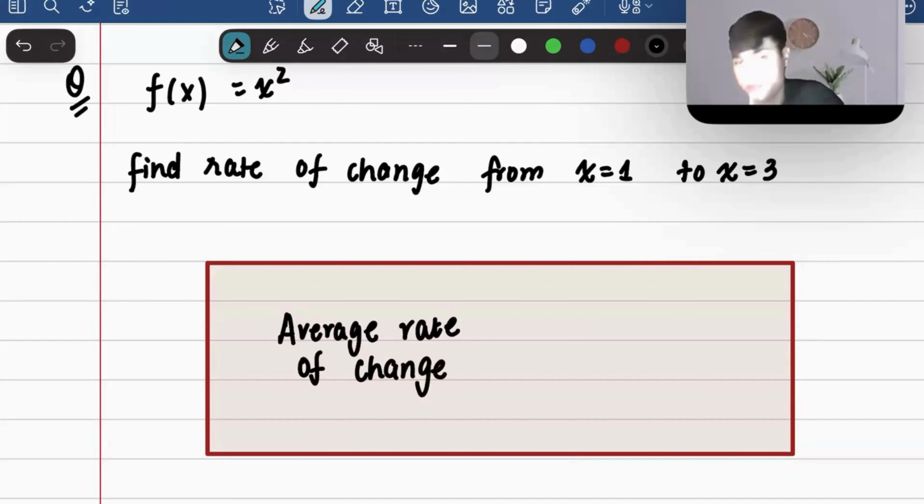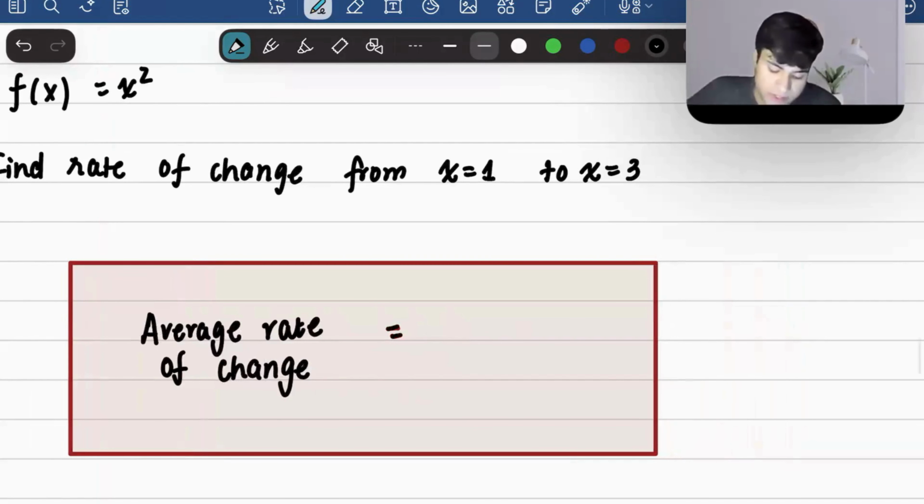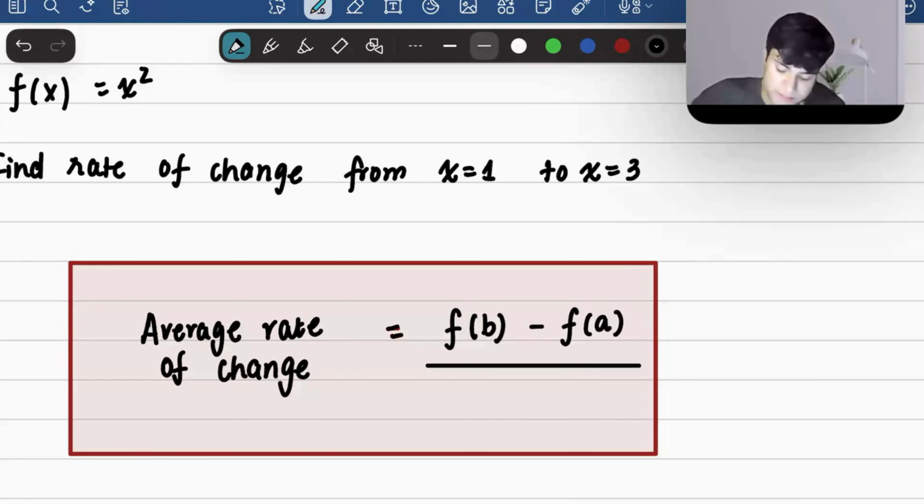No one's interested, no one wants to know about the formula, I've got to memorize it. Yeah, we're going to get through this part. It's f of b minus f of a over b minus a. This is the average rate of change formula.